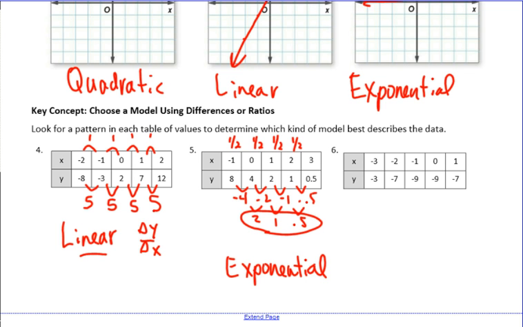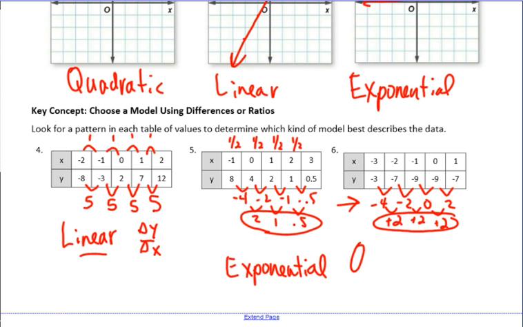In number 6, this is going down by negative 4, the first one, then negative 2, then 0, then positive 2. So that's not a linear function, but we look at the difference between these values here: plus 2, plus 2, plus 2. Now we have a constant change.